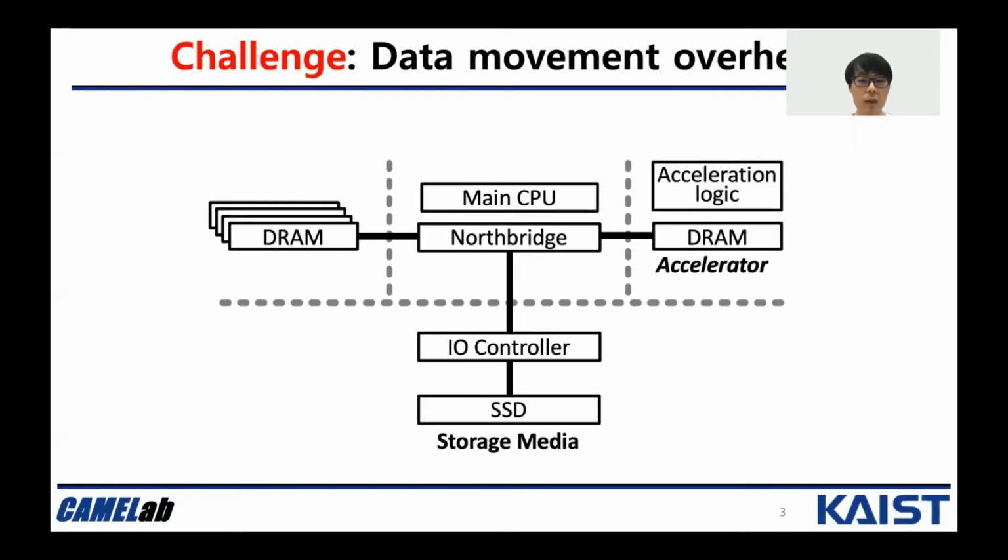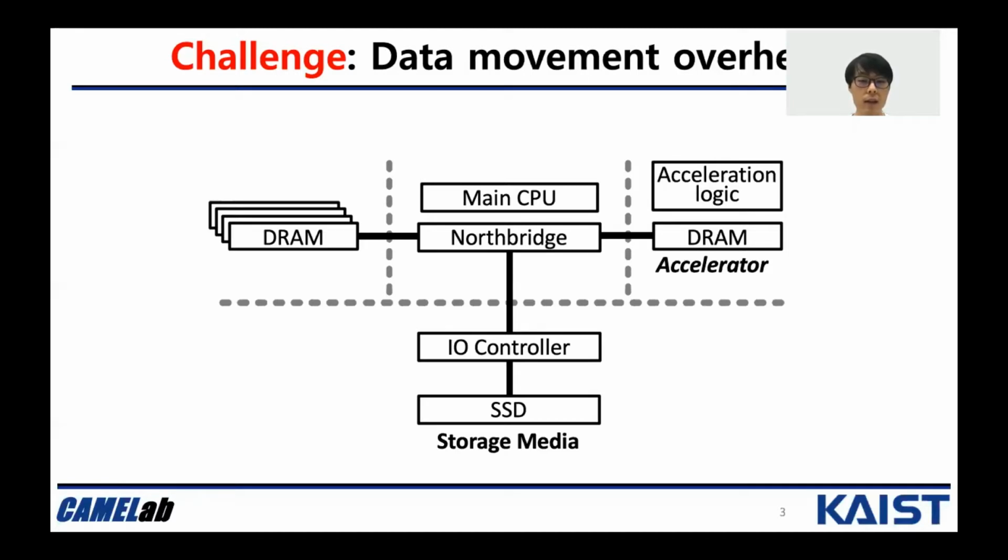However, for data processing with a conventional FPGA-based accelerator, there is data movement overhead between a host and an accelerator. This figure shows a typical computer system with an accelerator.